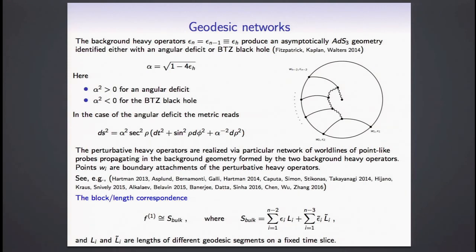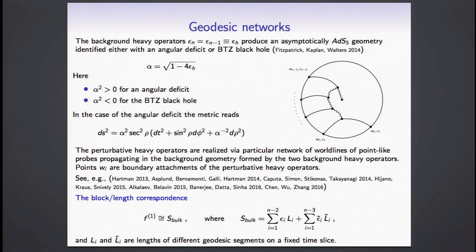In the case of the conical singularity, the corresponding metric in the bulk is given by this expression, and we see that the metric coefficients depend only on the radius. It means precisely that we can do a partial Hamiltonian reduction and restrict the dynamics to a two-dimensional slice of the three-dimensional geometry, and this two-dimensional slice has negative curvature; in fact, this is just a Poincaré disk.